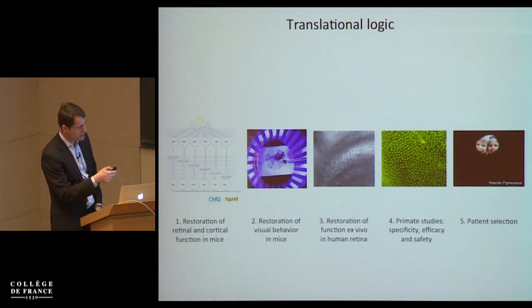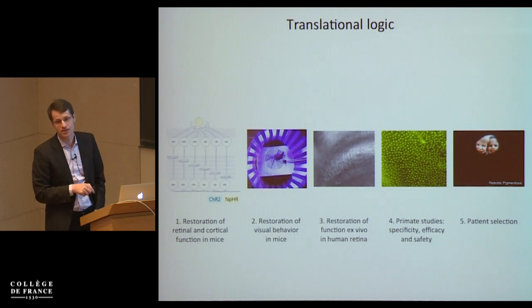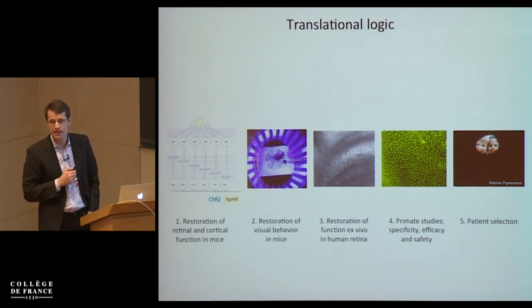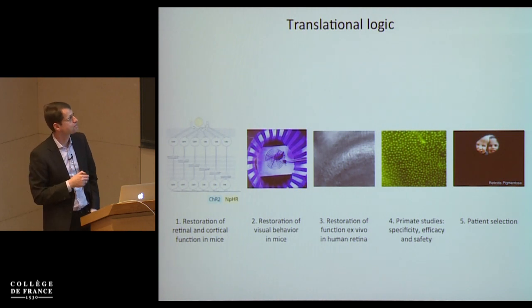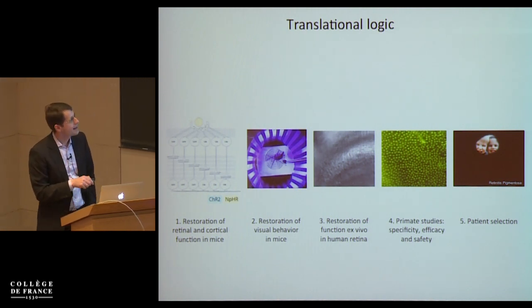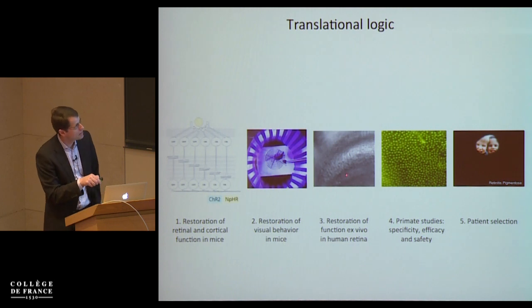That includes doing experiments first in mice to prove that you can restore a circuitry, you can restore function at the retinal level. You have to look at the behavior of mice, but then the question is how to translate that into humans. A very important technology here was developed by Serge Picaud here in the Vision Institute by his team, Valérie Fradot and other people.